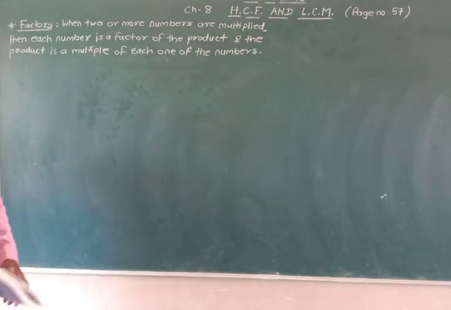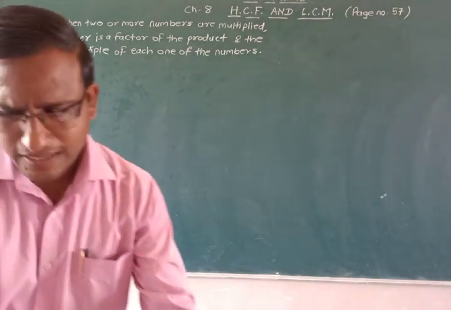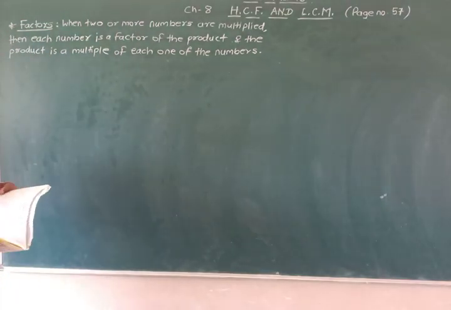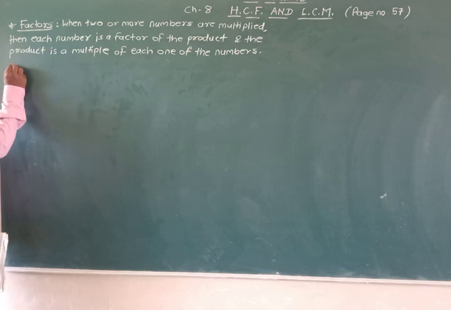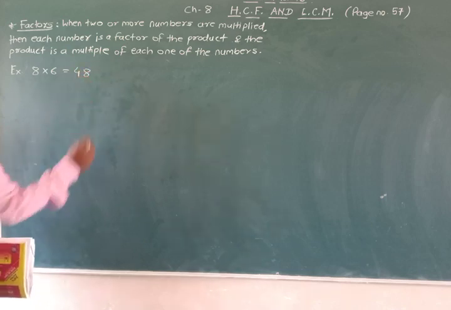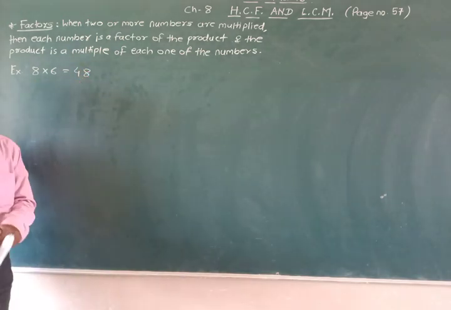Example: here we take 8 multiplied by 6, so we get 48.